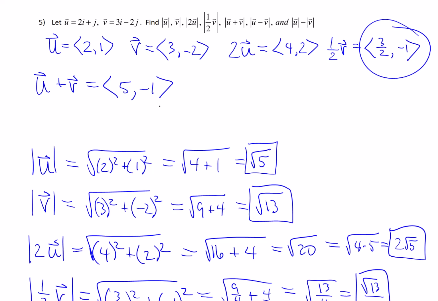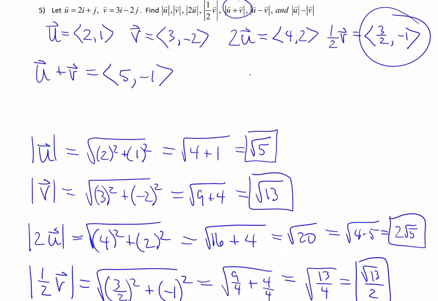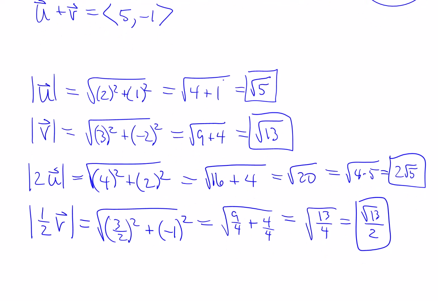What I want next is the magnitude of that vector, u plus v, which we just found. So let's write this out now in that form. The magnitude of vector u plus vector v is going to be the square root of the horizontal component, which we just found to be 5 squared, plus the vertical component, which we just found to be -1 squared.